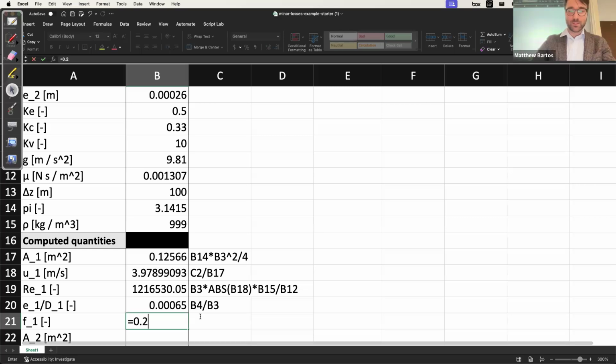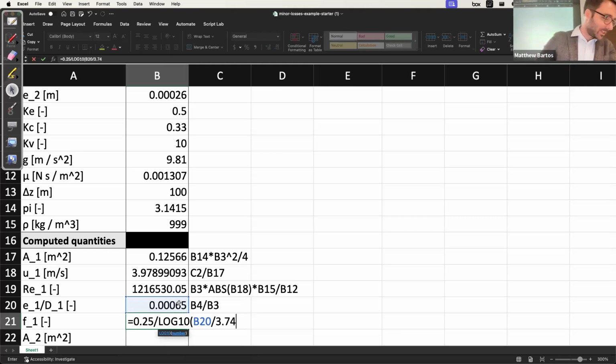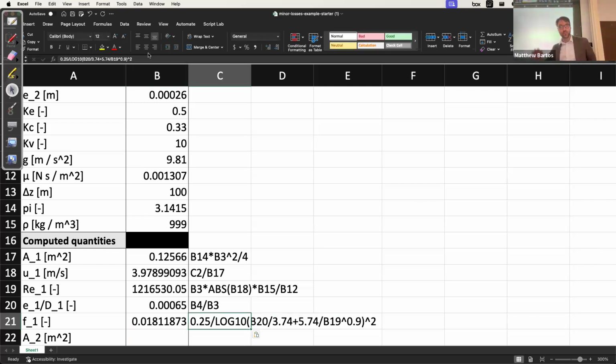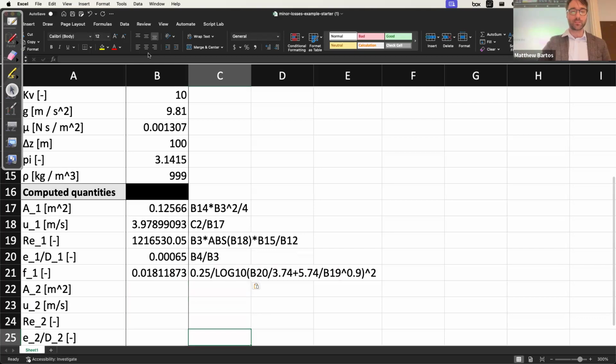So this is going to be 0.25 divided by log 10 of E over D divided by 3.7, plus 5.74 divided by the Reynolds number to the 0.9 power, and then we need to square the whole denominator. Double check that for me because it's kind of long.